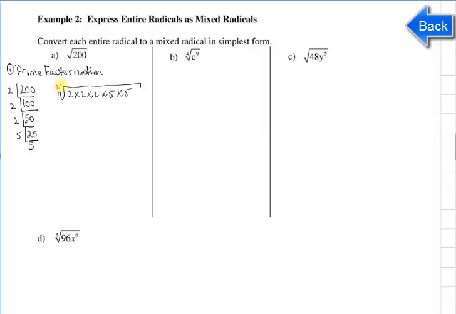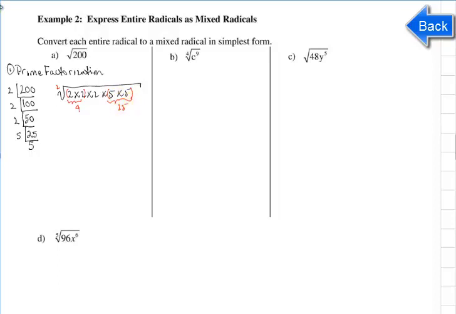Now because my index is a 2, what I want to do is group my prime factors into groups of 2 if I can. And I notice that I have a group of 2 2's and a group of 2 5's. And just to get you to think about what that means, the first group of pairs is 2 times 2, which is 4. And the second group of two factors is 5 times 5, and that's 25.